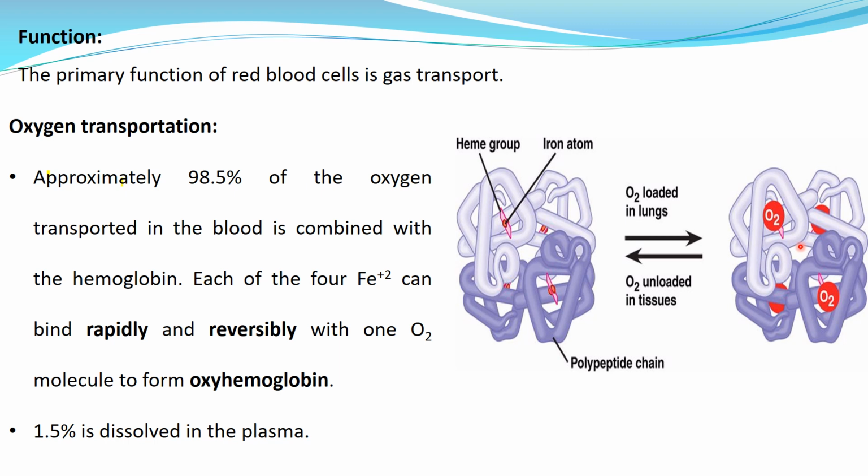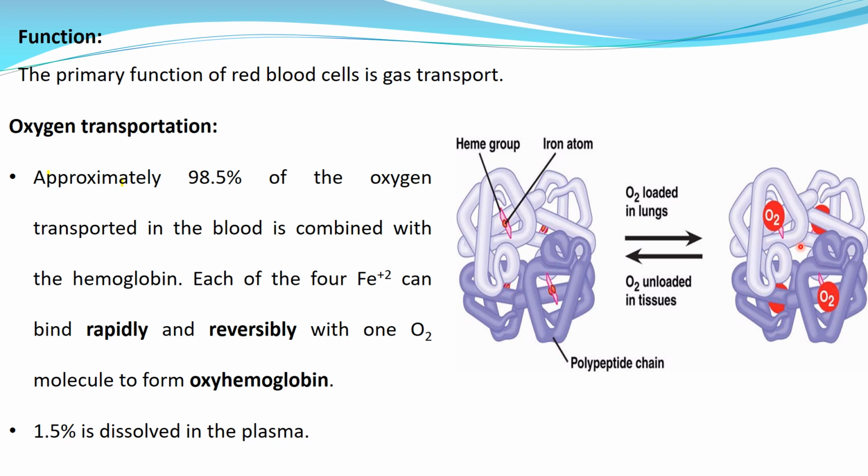Because when the red blood cells get to the tissue level, where the partial pressure of the oxygen is lower compared to the respiratory system, the oxygen can directly leave the hemoglobin structure. So it is a reversible process, and the oxygen can enter into the tissue.